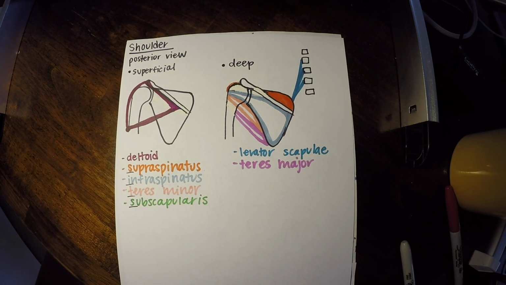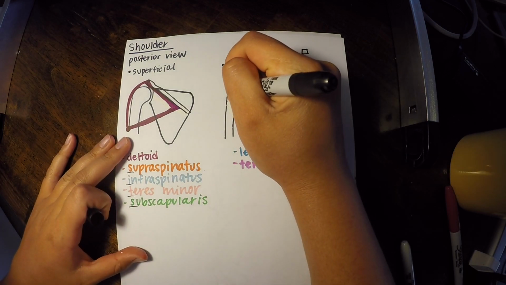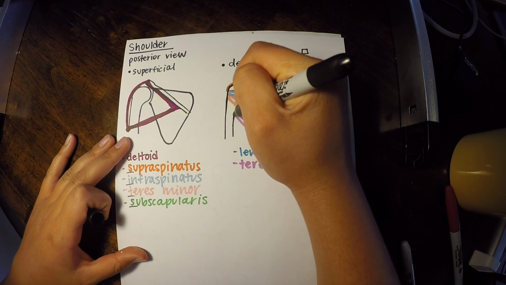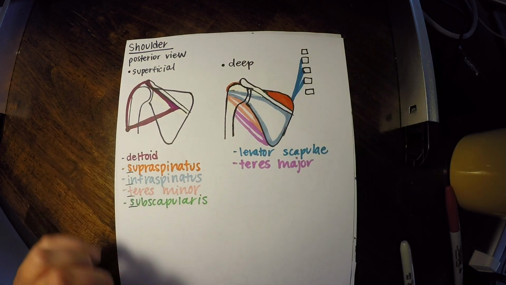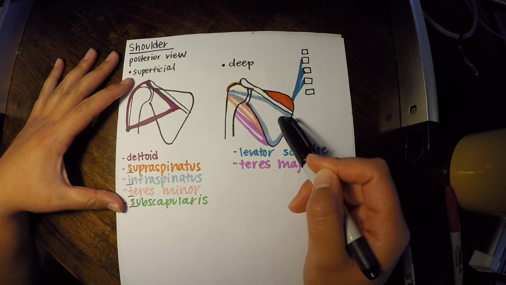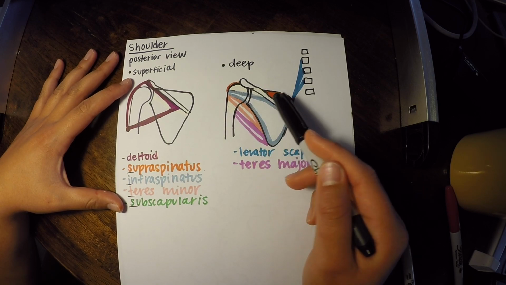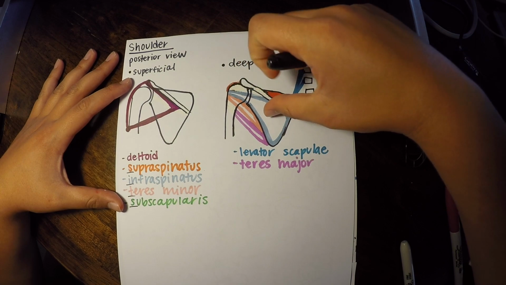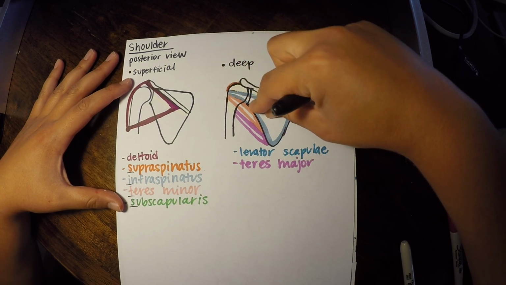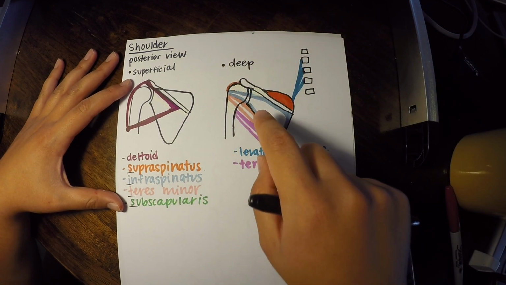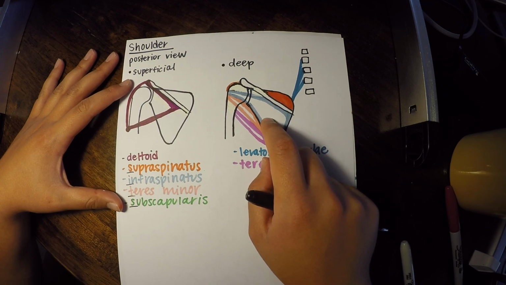So I just whited out that area. And the reason I did that is because infraspinatus and Teres Minor attach from the scapula to the posterior humerus. So when these muscles shorten from this point to this point, it's going to externally rotate the humerus.